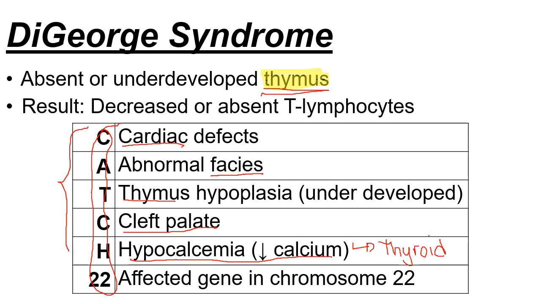So, iisipin nyo lahat ng mga organs na nasa gitna: thymus, thyroid, heart, cleft palate, and due to your thyroid problem, bumababa ang calcium. And anong chromosomal number affected ang genetic mutation ng Gauchers? Nasa 22. Kaya ang mnemonics is catch-22. Kung gets nyo tong mnemonics, wala tayong problema.